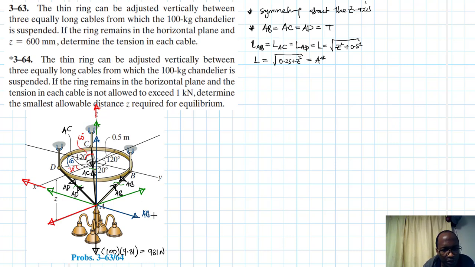So this will just be equal to 0.5 divided by this A star.